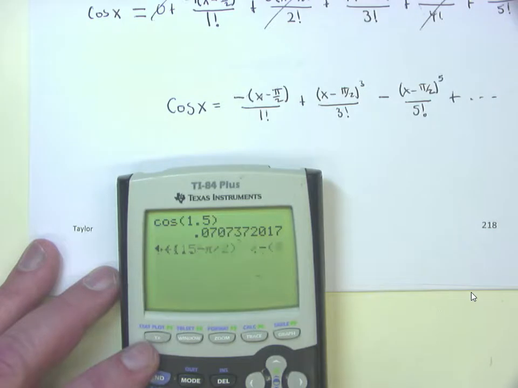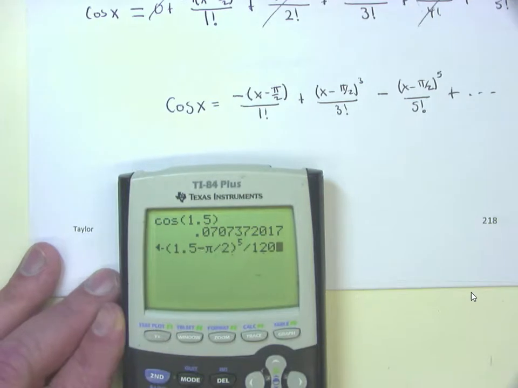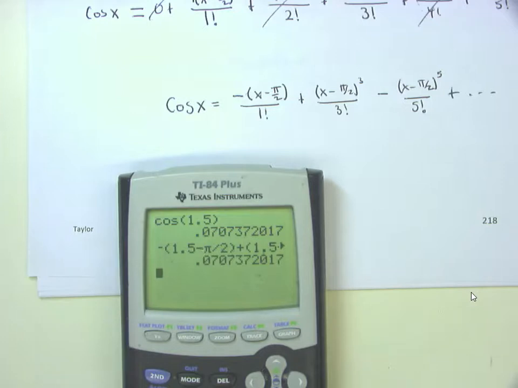Minus, one more term, 1.5 minus pi divided by 2 to the 5th power divided by 5 factorial. 5 times 4 times 3 times 2 times 1, 120. Okay? And let's see what I get there. What do I happen to get?